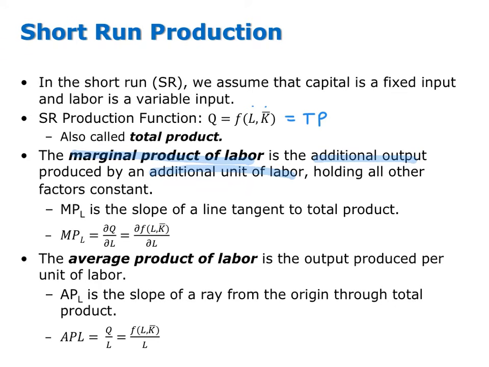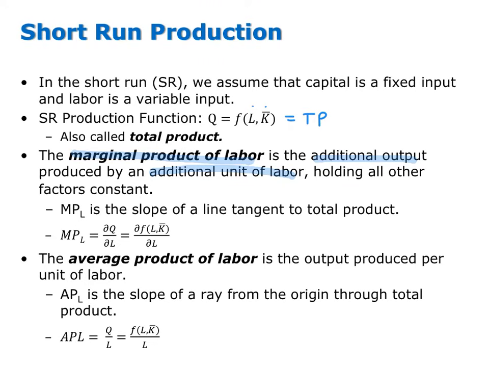Like every other marginal, marginal utility, marginal cost, marginal product is a derivative. It's a partial derivative of output or total product with respect to labor, and as a partial derivative, it's holding all the other inputs, here capital, constant.